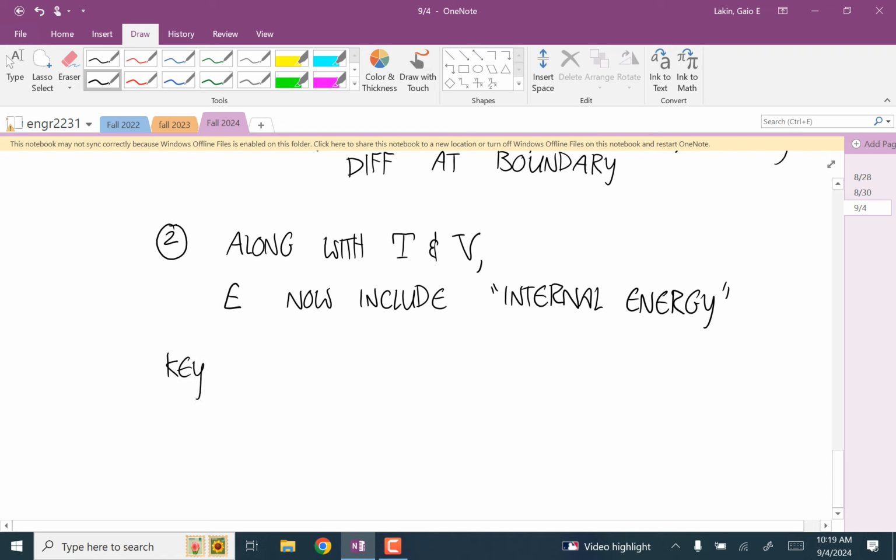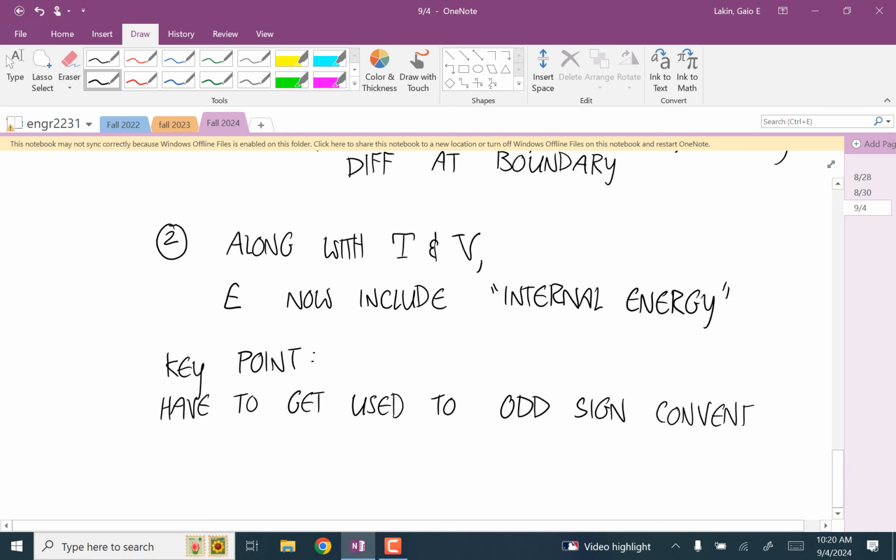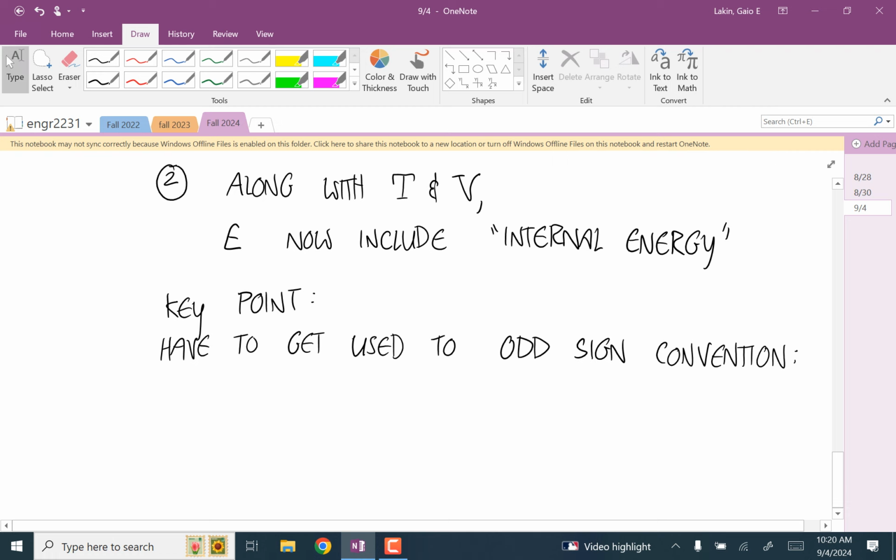So this is a key point. You have to get used to this odd sign convention, where a positive value of Q means energy is added to the system.